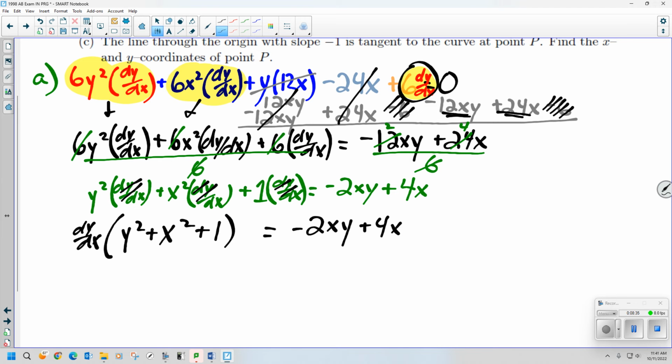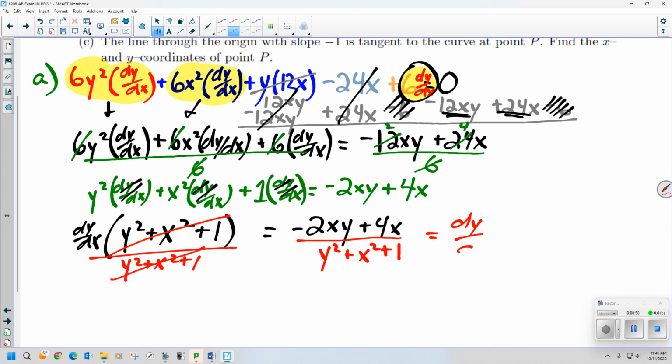One step left, and this is just part A. I'm going to divide both sides by y squared plus x squared plus 1. What I do to one side, I do to the other. This is what dy/dx equals.